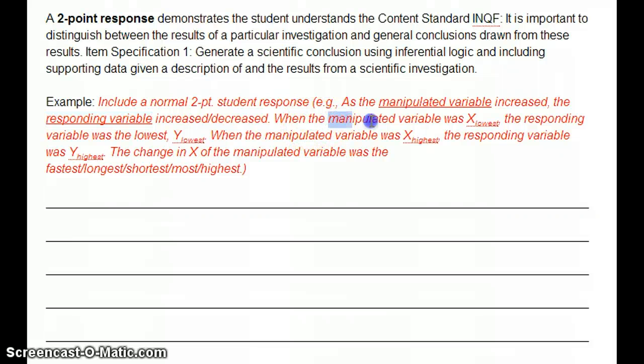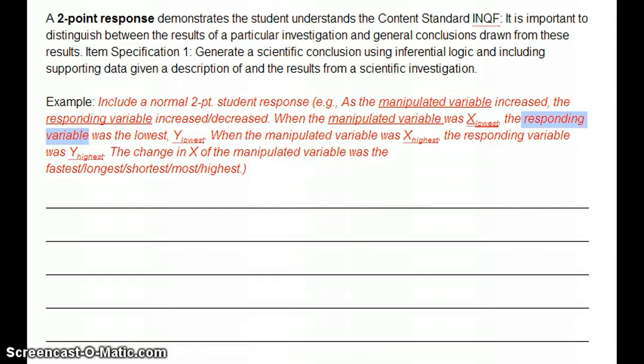When the manipulated variable, insert again every time it says manipulated variable or responding variable, and here give the lowest setting of the manipulated variable. And then you're going to want to put in the responding variable and whatever it was.